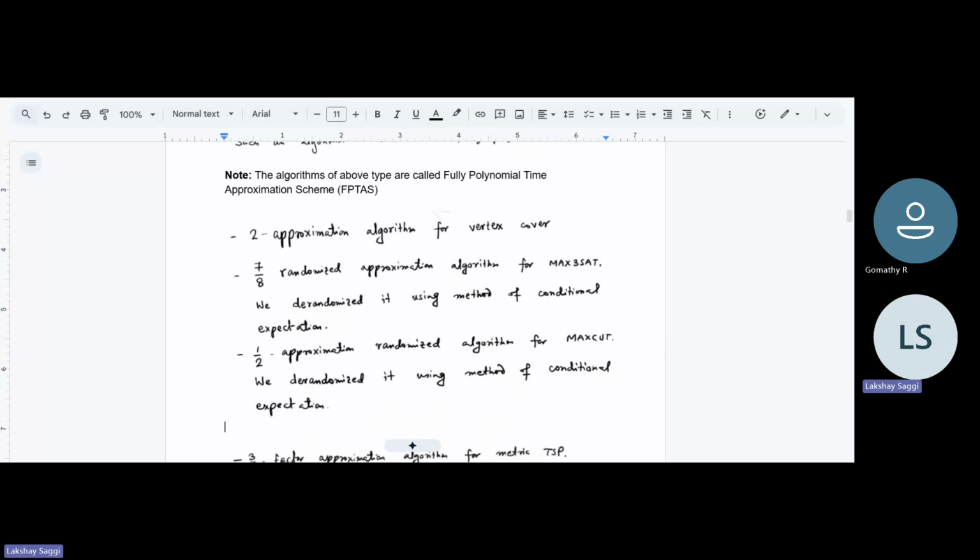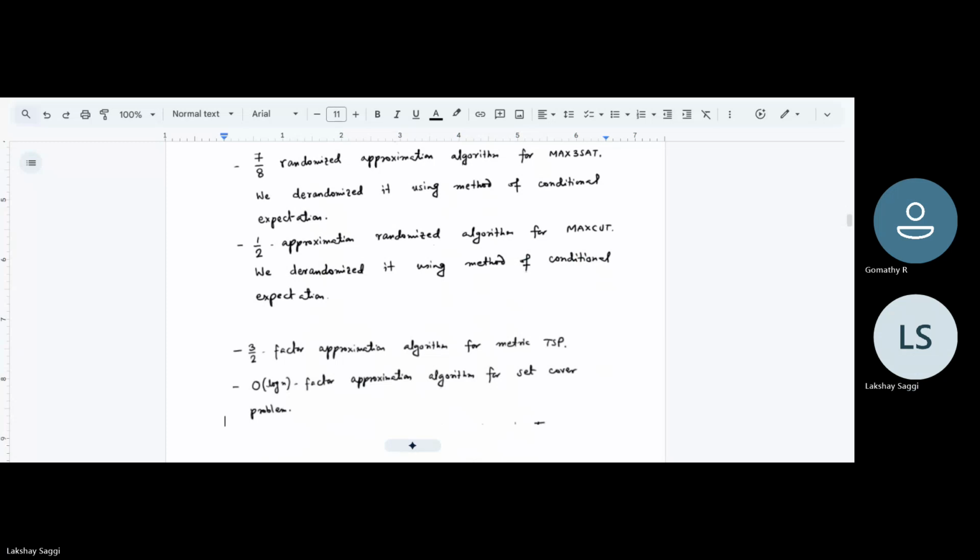Then we also discussed a half-approximate algorithm for max cut, and de-randomized it again using the method of conditional expectations. Then there was a two-approximate algorithm for metric TSP, and a 3 by 2 approximate algorithm for metric TSP. There were also log n approximate algorithms for set cover. And today we have discussed an FPTAS for knapsack.